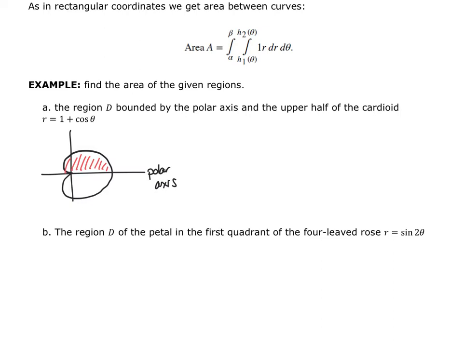Now we know that my region D is, I always like to start out with that, f of r comma theta. My theta is pretty easy. It goes from 0 to pi, less than theta, which is less than or equal to pi. My r starts at 0 and is constrained by this function, so my r is going to go between 0 and that function, 1 plus cosine theta.